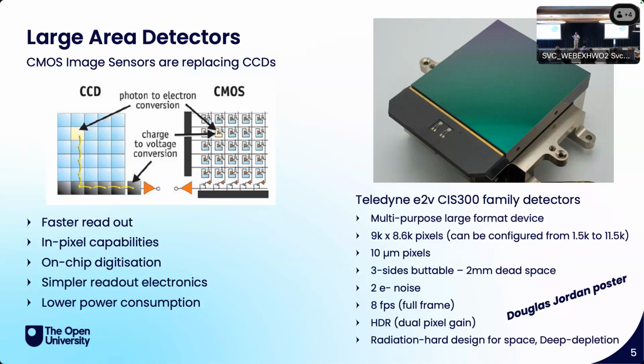With Teledyne E2V, we've started to test this 300 detector family. I'm not going to go through everything, but it's a big 9K by 9K device with 10 micron pixels. There are a lot of modes, including high dynamic range readout, where you read out with both high and low gain, so you can get low noise and a high full well.